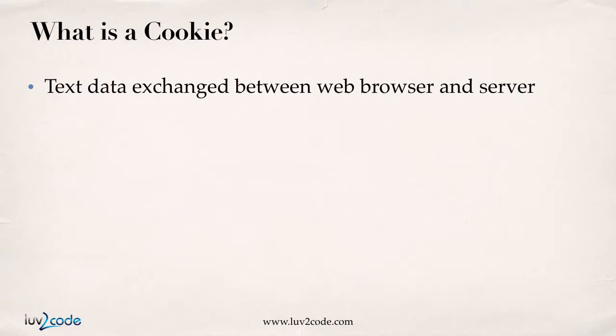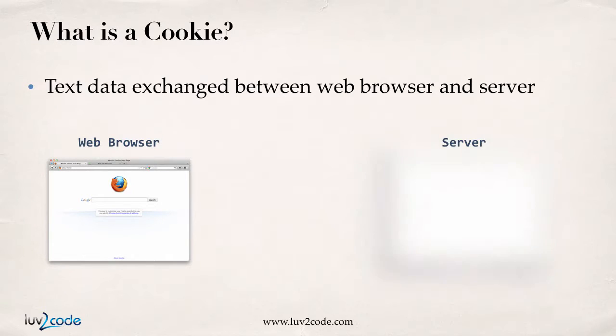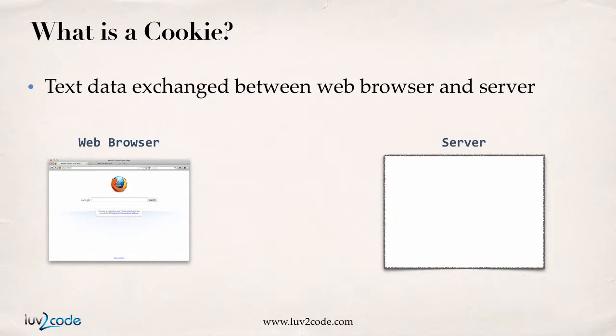All right. So again, what is a cookie? Well, it's basically text data that's exchanged between the web browser and server. So this is functionality that's built into the browser. So you have your web browser. When you visit a given server, that browser will send over cookies to that server. And so that's how that Expedia.com website was able to remember my information. It says, oh, great, you've been to Expedia before. They read my cookies.